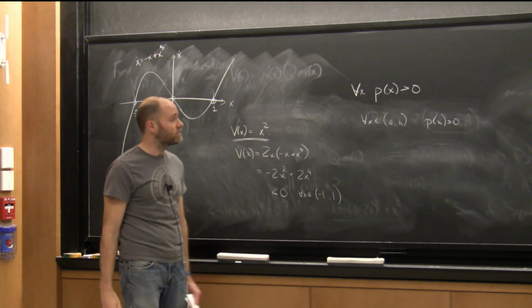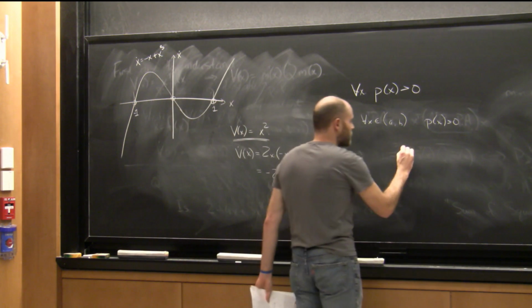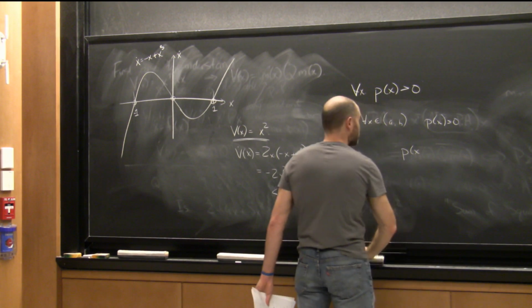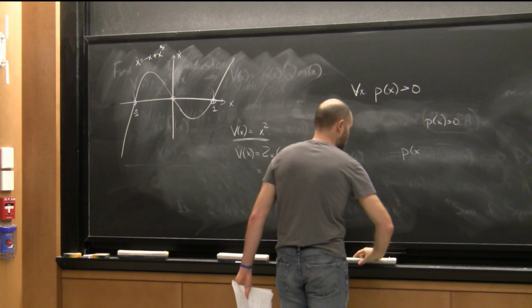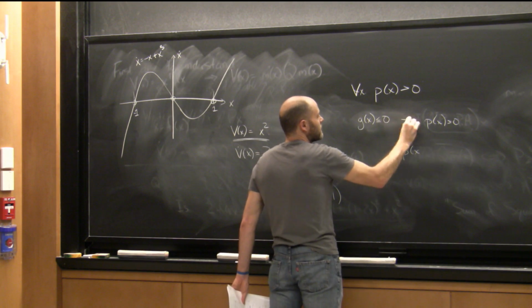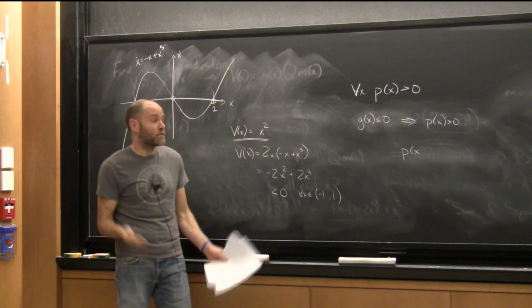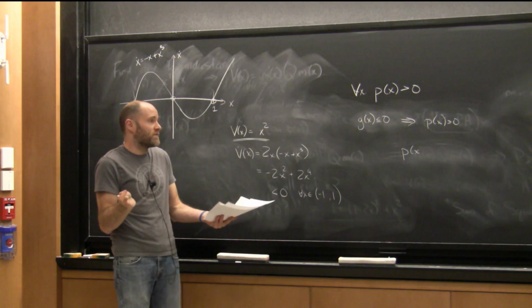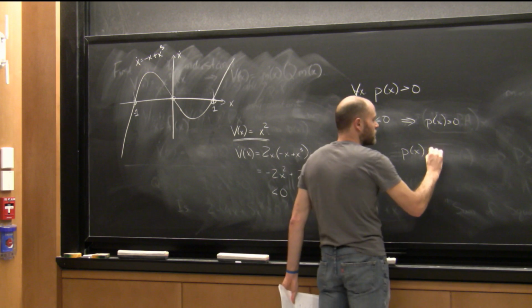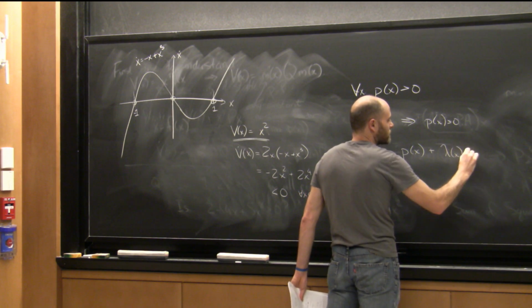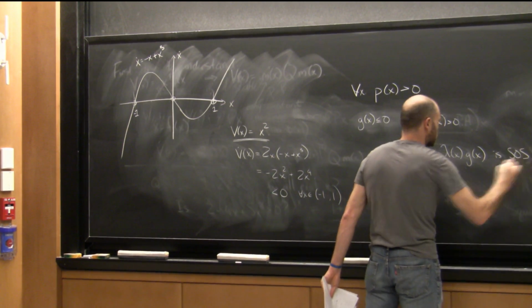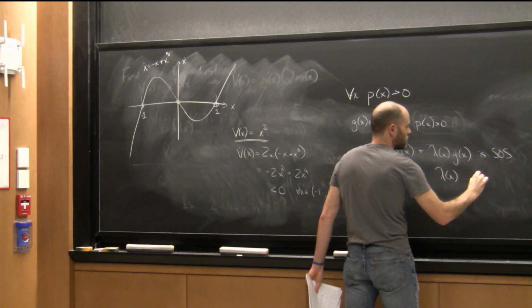So if I say p of x, let me say that this set is defined. If I want to say whenever g of x is less than or equal to 0, implies that. So if I have a different function that tells me when I want this to be satisfied and when I don't want it satisfied, then I can ask p of x plus lambda of x times g of x is sums of squares, lambda of x is sums of squares.